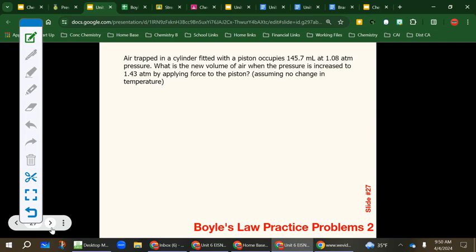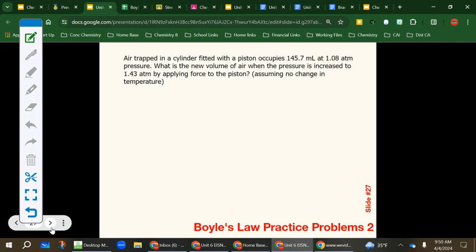It does that once a second. Pressure is how often that ball hits the walls of the container. It takes 1 second to travel from here over to there and hit that wall, 1 second to travel back and hit that wall, and it just bounces back and forth all day long, hitting a wall once every second.